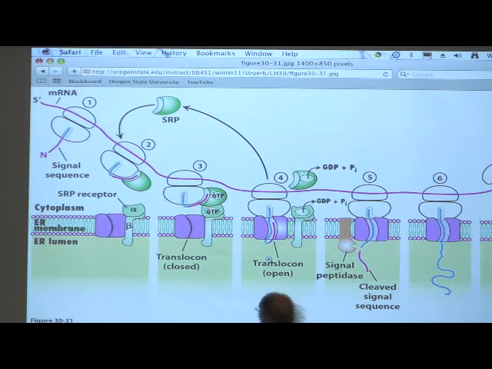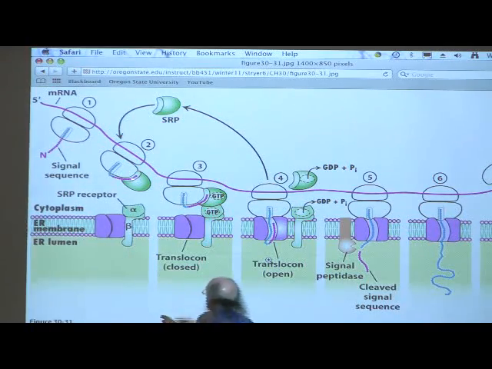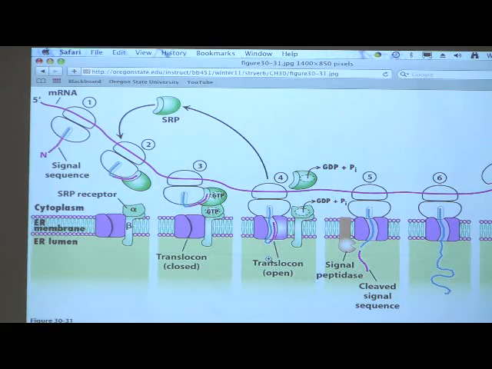Okay, so there's a receptor on the surface of the endoplasmic reticulum to which the SRP binds. It's not surprisingly called the SRP receptor. And they form an interaction, as you can see here. Notice, here's a G protein again. G proteins play very important roles in translation. These guys are carrying GTP, and GTP is necessary for this process to occur properly.